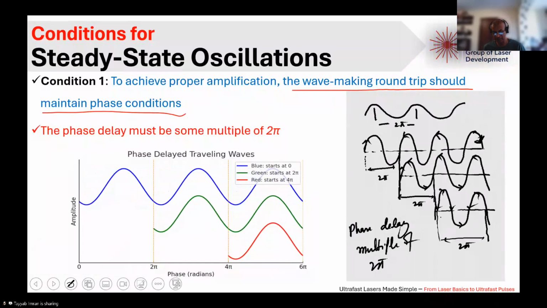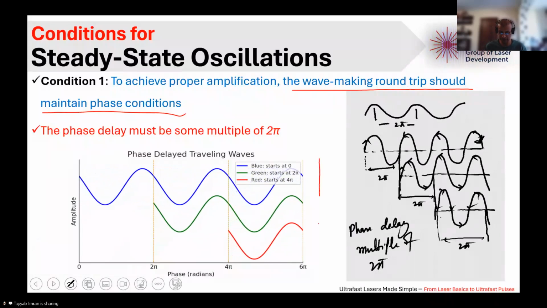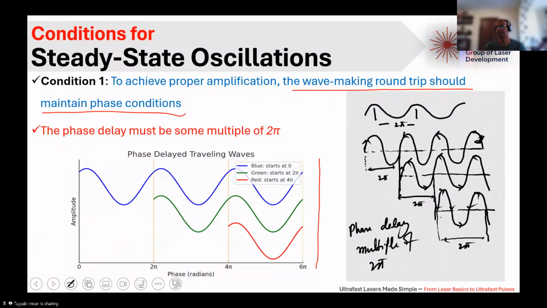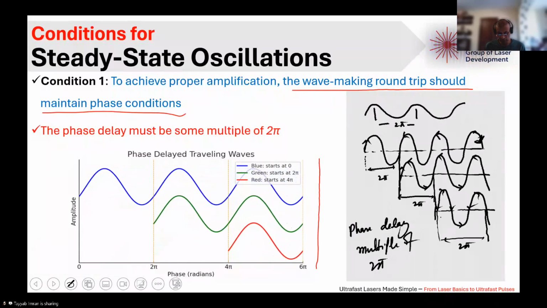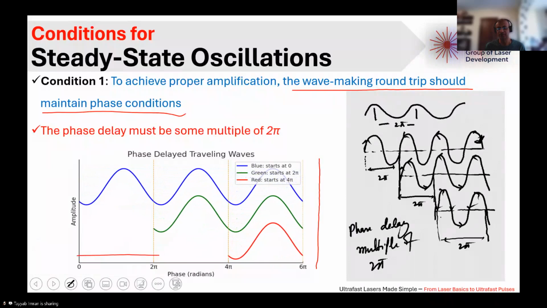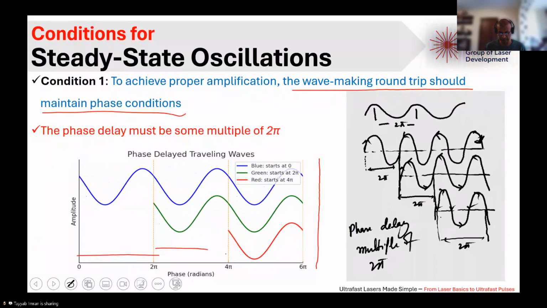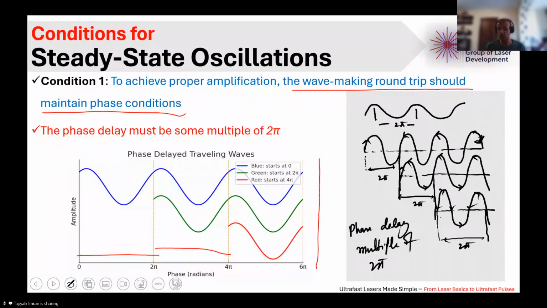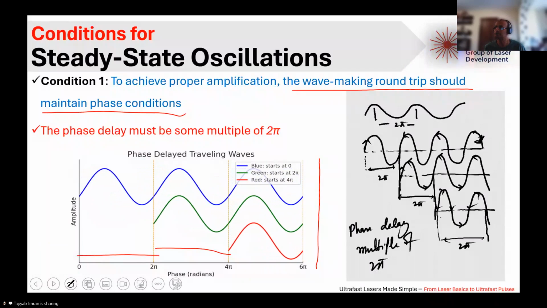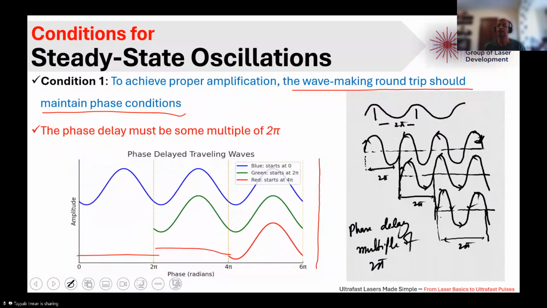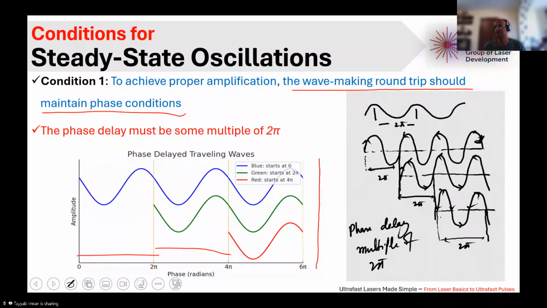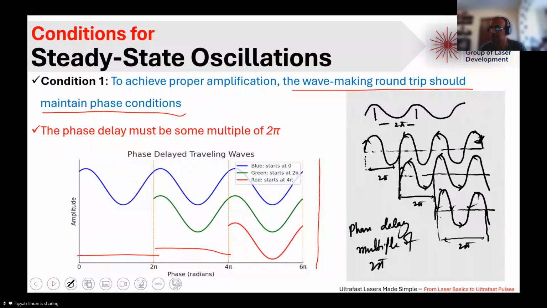It's animated here. If you see, even though there is a phase delay or difference of 2 pi, the waves are still overlapping. Overlapping waves will be amplified.